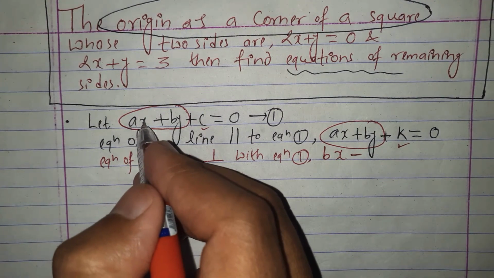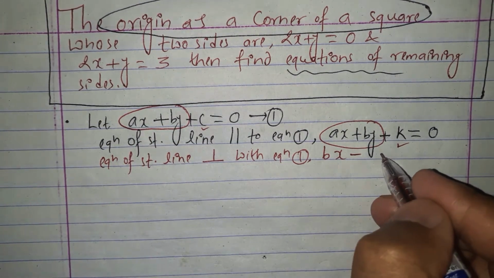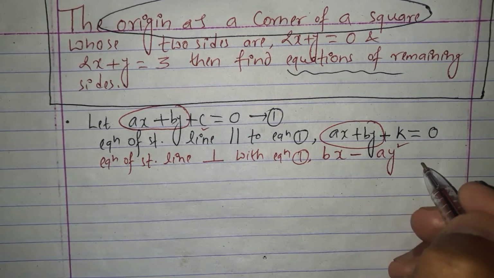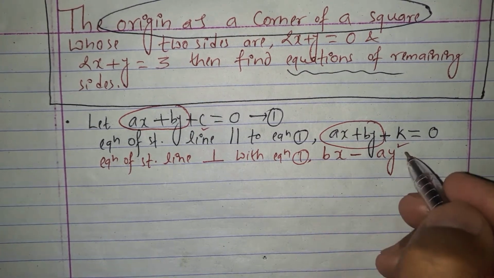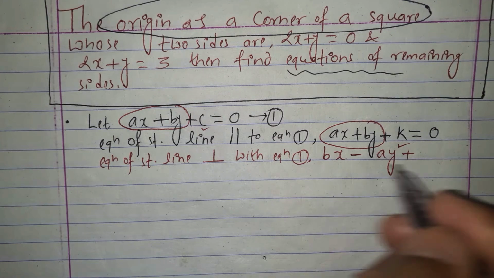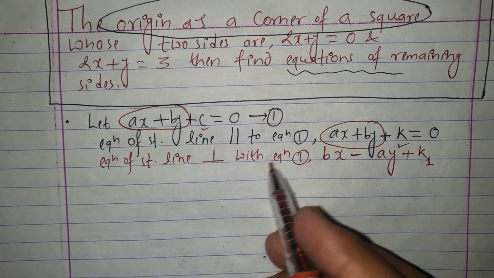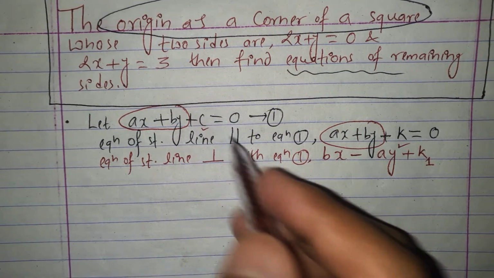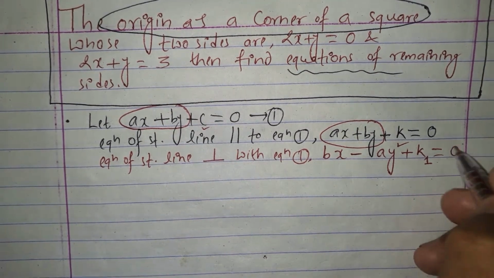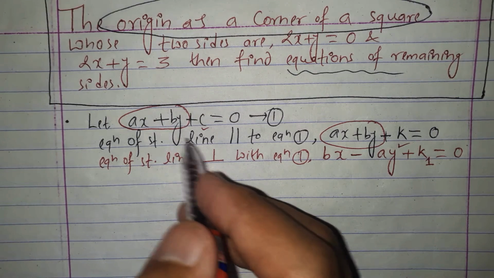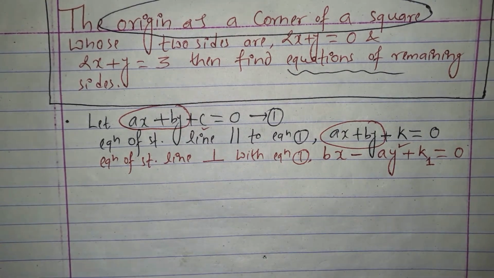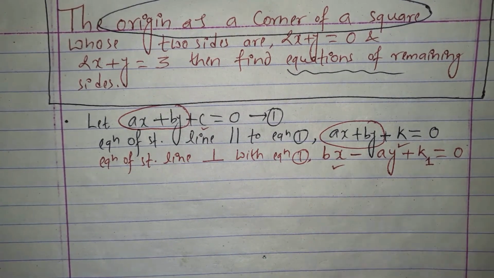The coefficient of x is a, and we make it the coefficient of y, so bx - ay plus the next constant. Let's take the next constant as k1, so bx - ay + k1 = 0. This is the equation of the straight line perpendicular to equation 1. Please memorize this formula also.